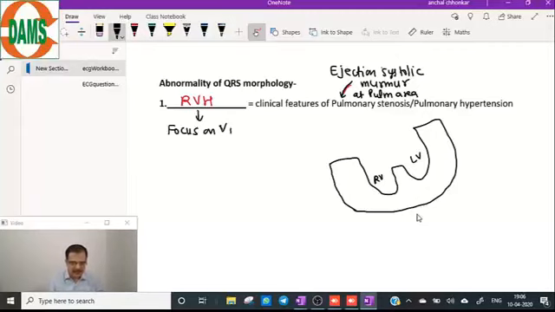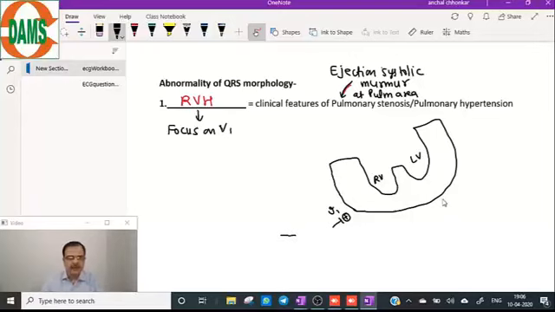So here the right ventricle is hypertrophied, and here is the V1 lead placement. This is the needle of V1.